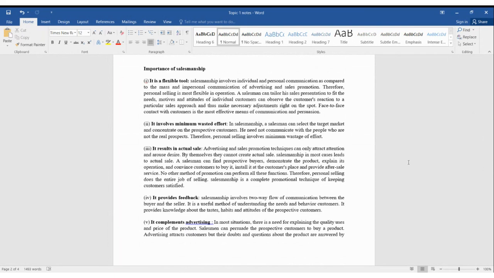For it provides direct feedback that can be solicited as far as the engagement between customers and the salesman is concerned. So that two-way flow of communication makes it possible for these two groups to interact effectively, by the salesman presenting what they have and the client expressing their desires, their fears, and their tastes.